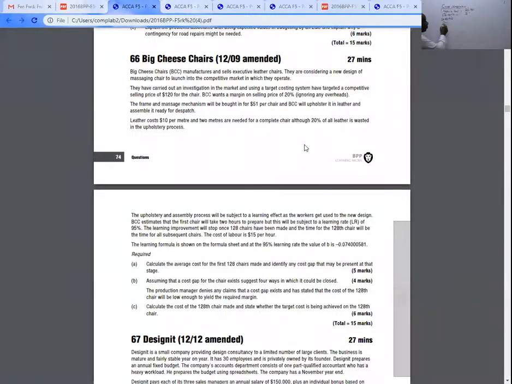So 2 meters divided by 80%. Never take this and multiply with 120%. No, you can't be right. Whenever there is wastage, you have to buy more. And to know the extra quantity to buy, you take the net divided by the net percentage. Can somebody give me this figure? 2 divided by 0.8 is what?